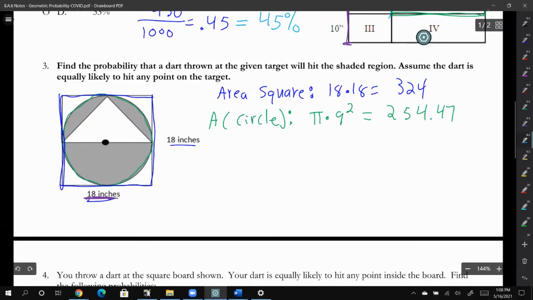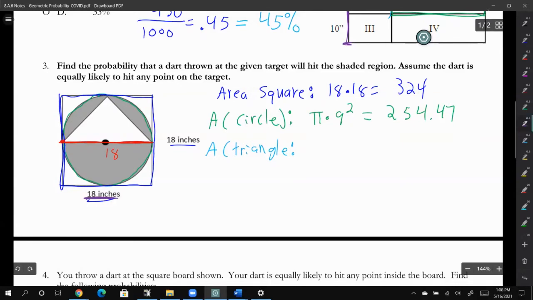The area of a triangle is 1/2 times the base times the height, or base times height divided by 2. Here is the base of the triangle, which we were just talking about, that it is 18.